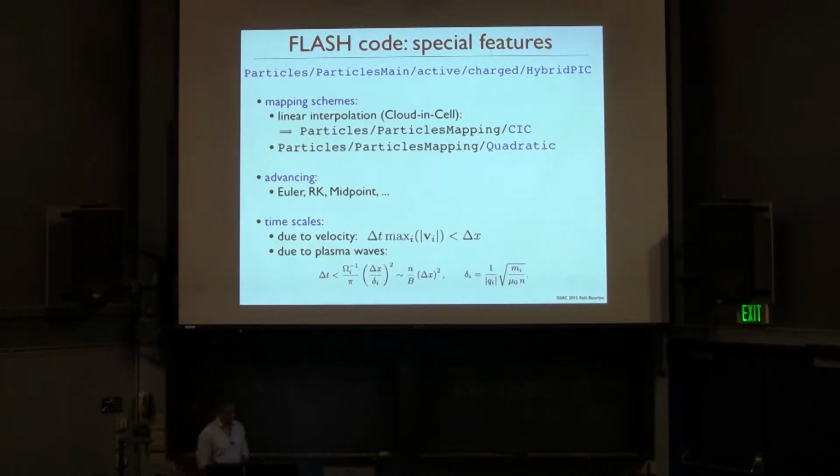And you advance these particles, and there are different options, as we were discussing when we talked about the sink particles. You can use a simple forward Euler approach, or a Runge-Kutta, or even the variable time step leapfrog, if you like, to advance these particles.